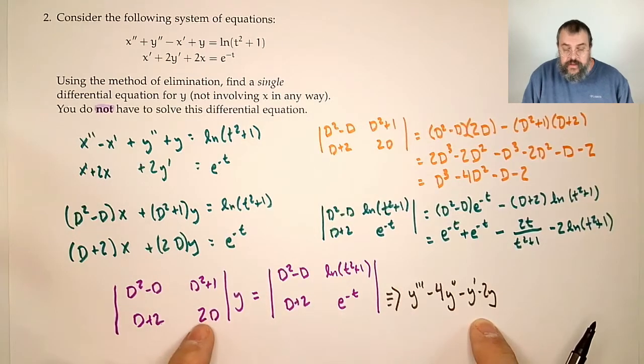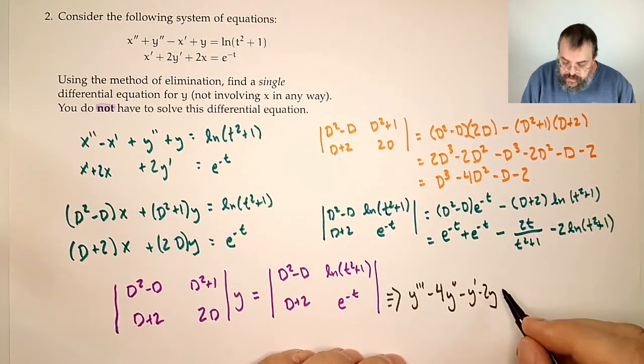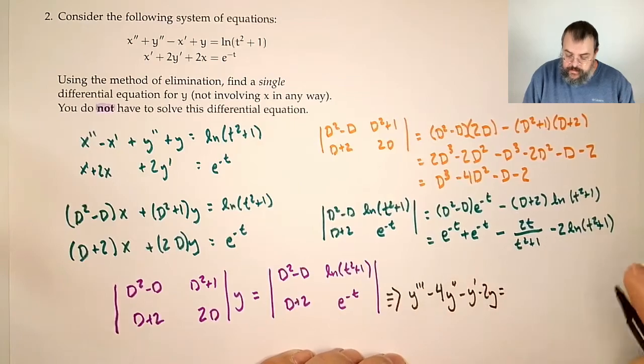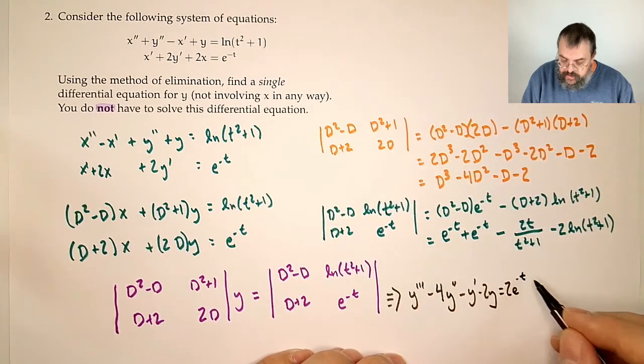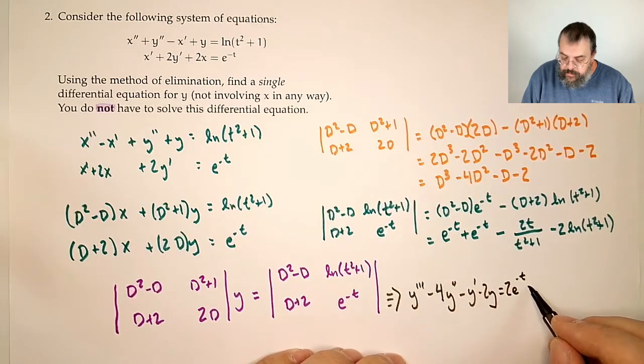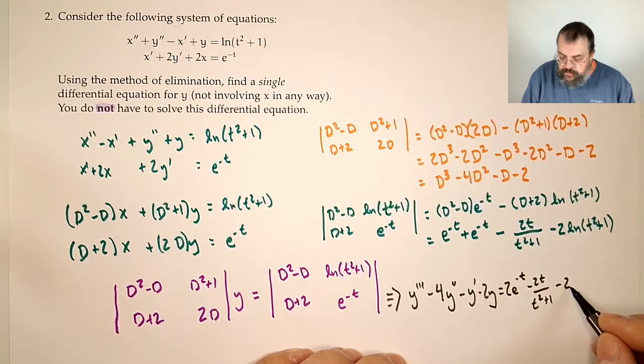Okay, that's the left-hand side, equals the right-hand side. Well, there's 2 e to the minus t, then minus 2t over t squared plus 1, and minus 2 natural log t squared plus 1.